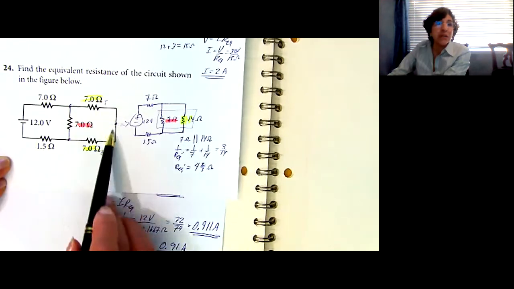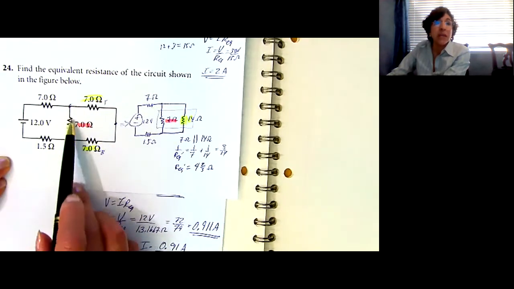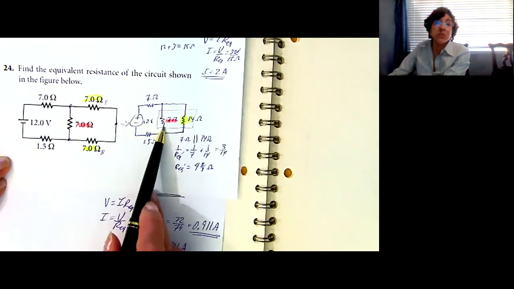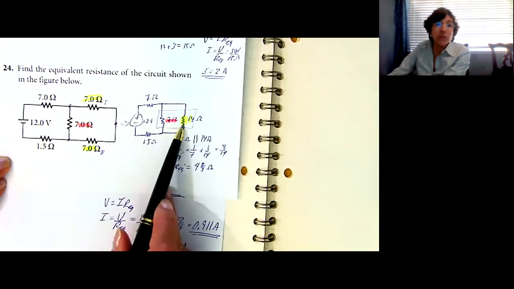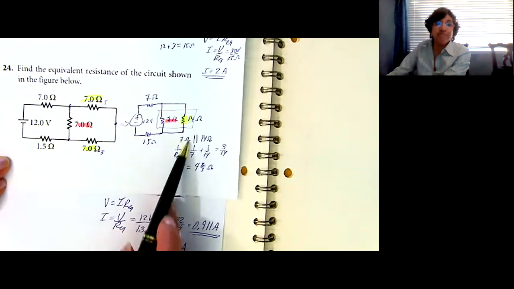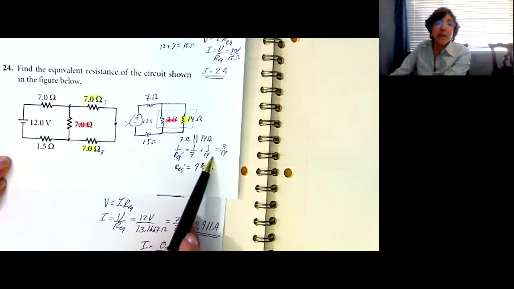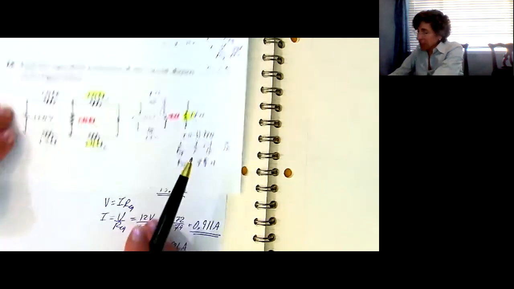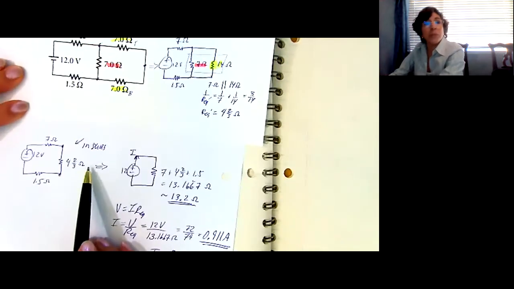From here to here, it's in parallel with the pink 7 ohm resistor. So then I figure out the equivalent resistance of 7 and 14, the reciprocal of them, and it was 4 2/3, or 4.66667 ohms. So then I replaced it with that one and redrew it here.